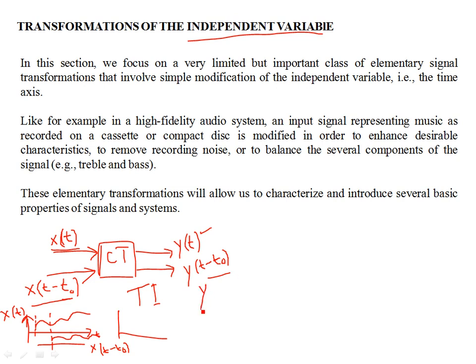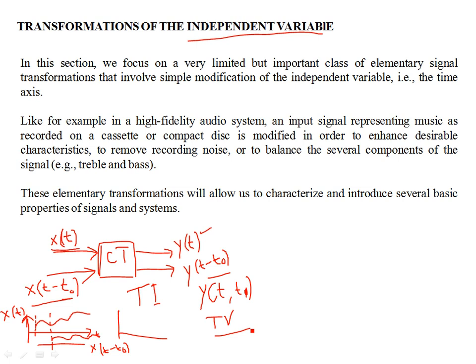If it is delayed by some other amount, say t1, then it is a time varying system, because the amount of delay that the output suffers is not the same as the amount of delay introduced in the input.